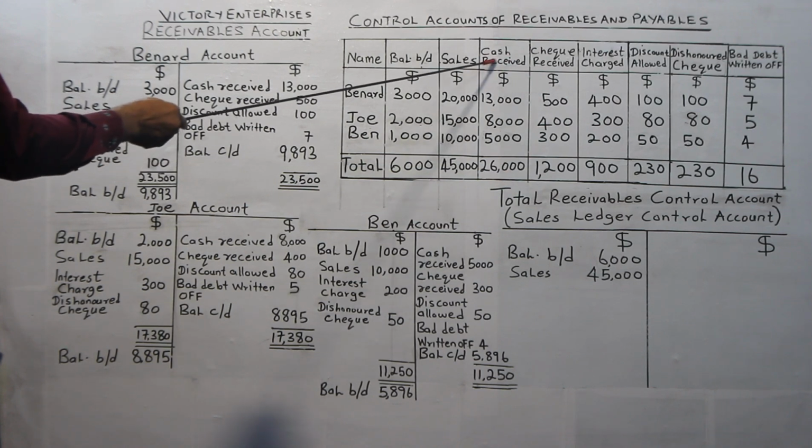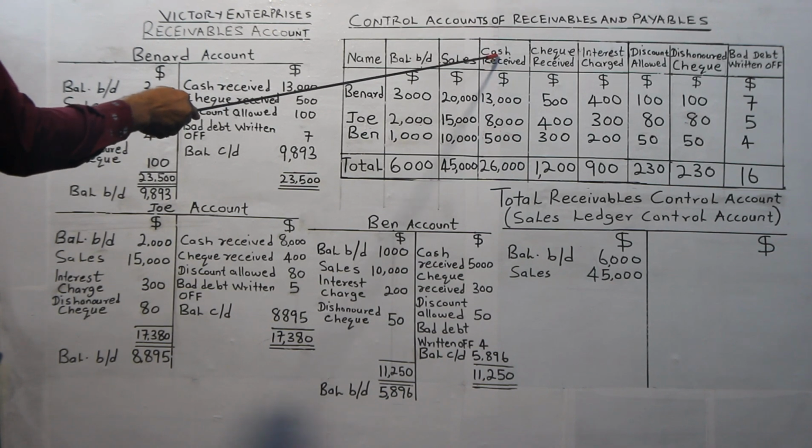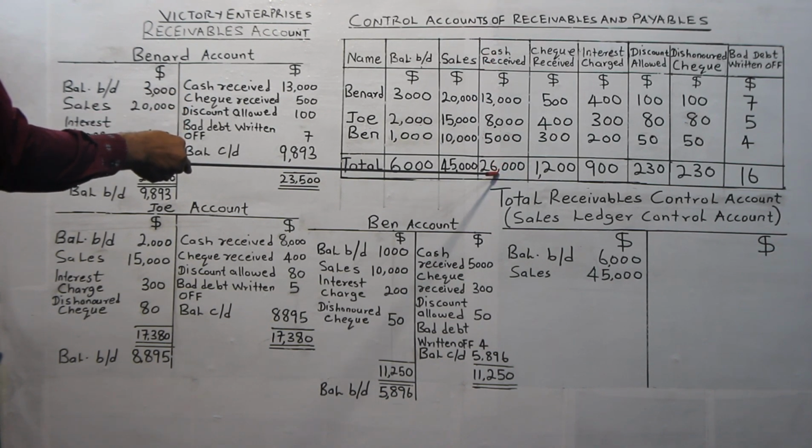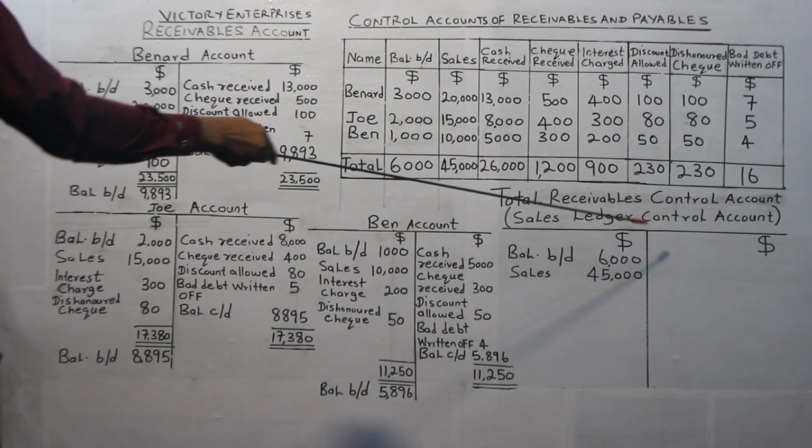They could be check received, cash received, bills receivable, and so on. But for now, we have cash received. Total of cash received is $26,000. And of course, when we receive cash from receivables, it reduces the amount they are owing. And the law says any transaction that will reduce the amount they are owing should be what?